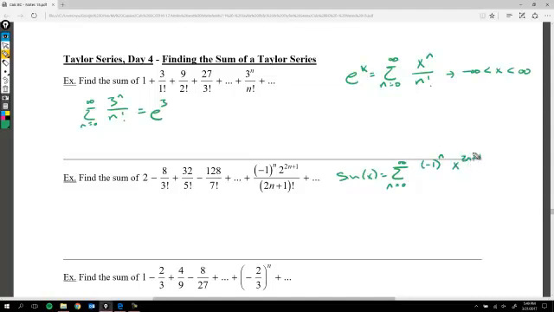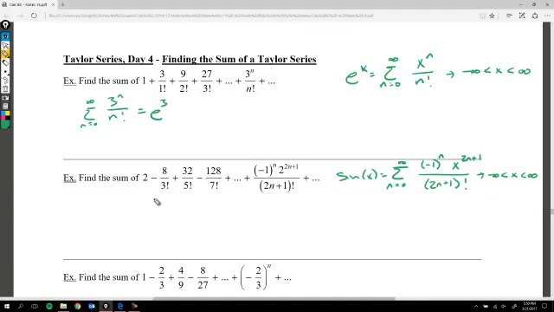Remember, that's a fancy way of saying odd in math. You might see that as 2n minus 1 in some papers or some books. But that only works if your index does not start at 0. You're going to have to start your index at 1. So we're going to write 2n plus 1 and then 2n plus 1 factorial on the bottom. Okay, and again, this is also convergent for all values of x.